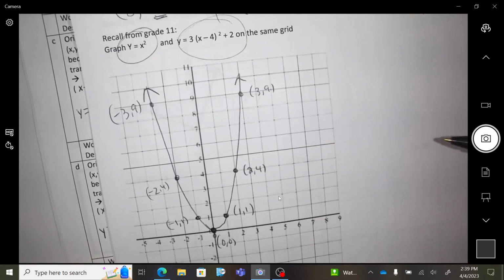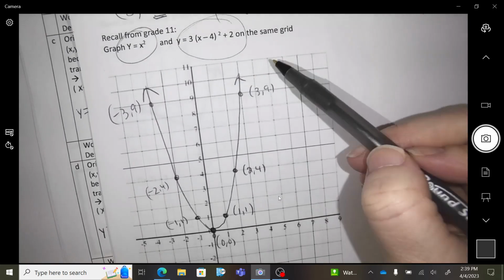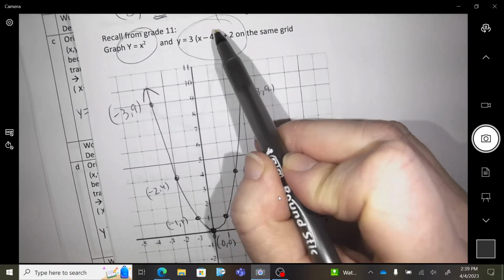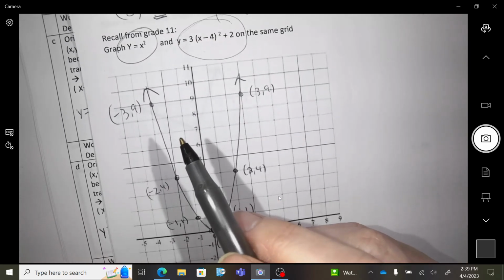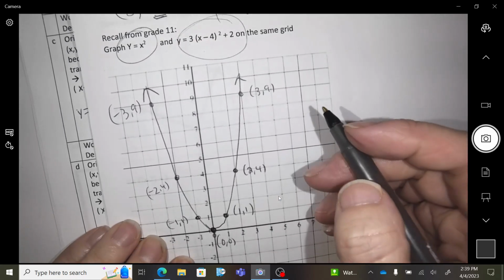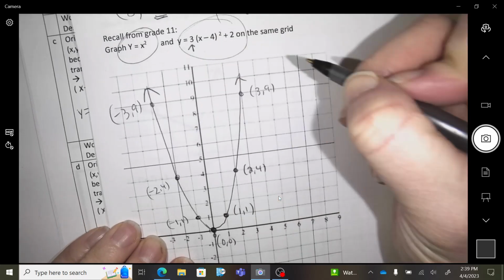Okay, we are going to now do this. Instead of y equals x squared, look at all the things I did to the x squared. I did 3 different things here to the x squared. So the 3 is a what? A, B, C, or D?